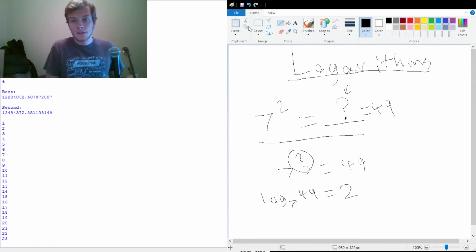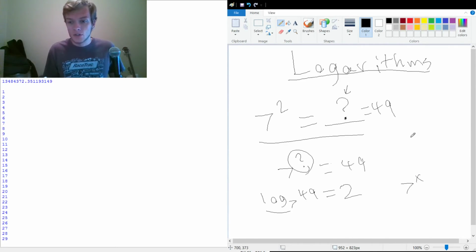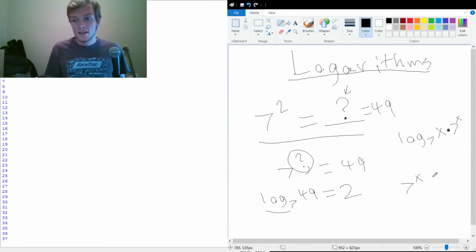This is an interesting idea, because this means that the logarithm, log base 7, is actually the inverse of 7 to the x. So if we have log base 7 of x, and we multiply that by 7 to the x, then, sorry, I'm doing this wrong.